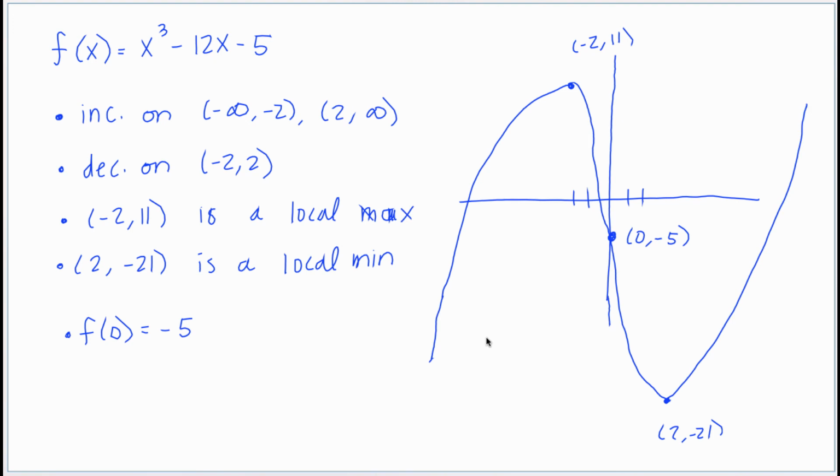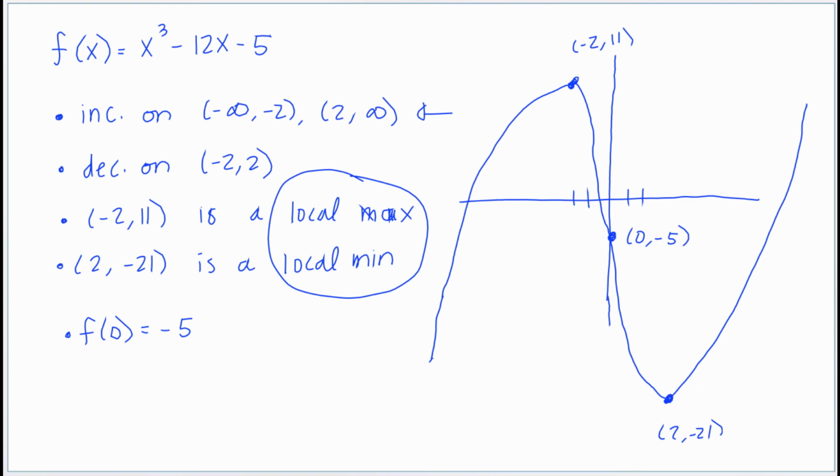So we've sketched a graph of our function. Of course, it's not perfect from the drawing on the screen, but the idea is that we use these intervals where we're increasing, so going up from minus infinity to minus 2, and then 2 to infinity, decreasing in between minus 2 and 2, and we have these local max and min values, which allowed us to actually find what these local extreme values are.